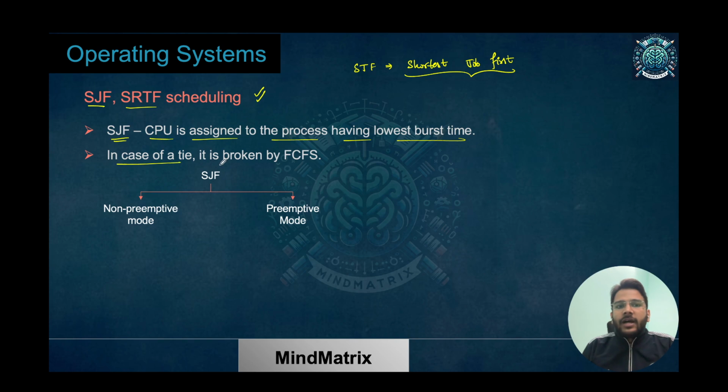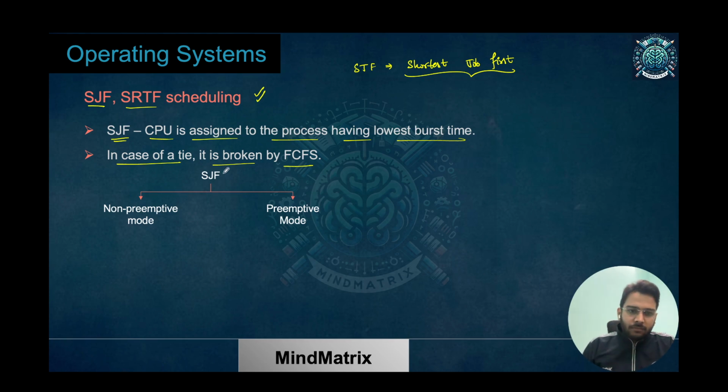And in case of a tie, it is broken by FCFS. If the burst times of two or more processes are the same, in that case we are going to consider FCFS. That means based on the arrival time we are going to schedule those processes. Clear?